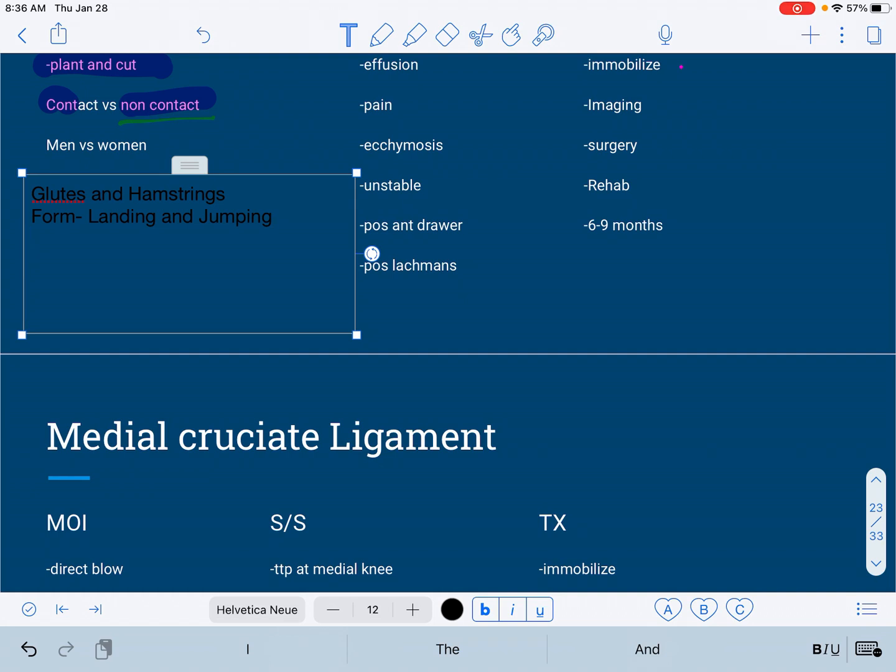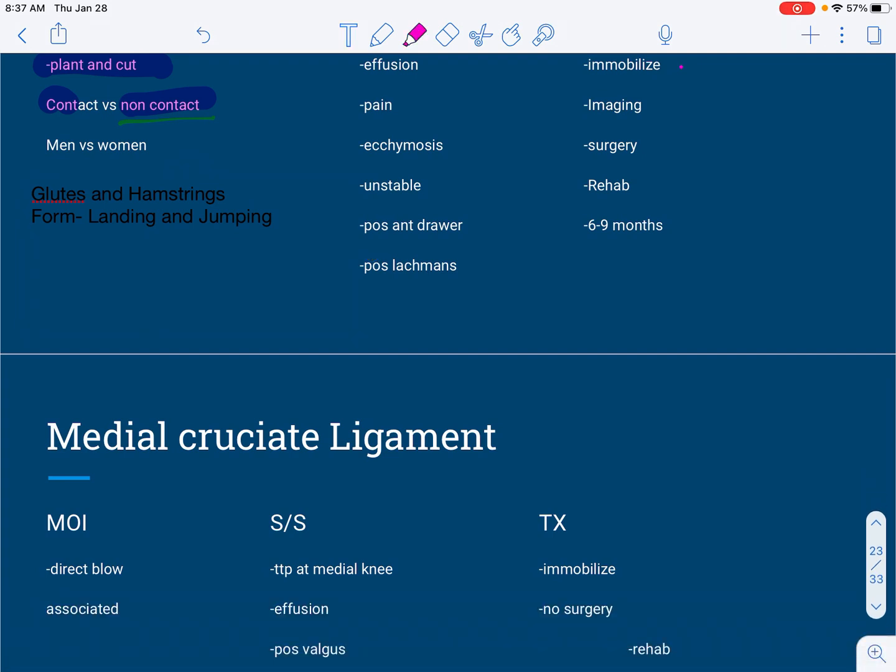Those are really the main parts as far as contact versus non-contact. If your glutes and hamstrings aren't strong enough, then your form's not going to be right, and that causes some issues. Something else is males versus females. I'd say it's fairly common in both, but there's something with females.